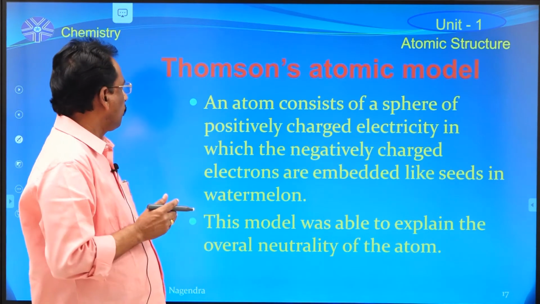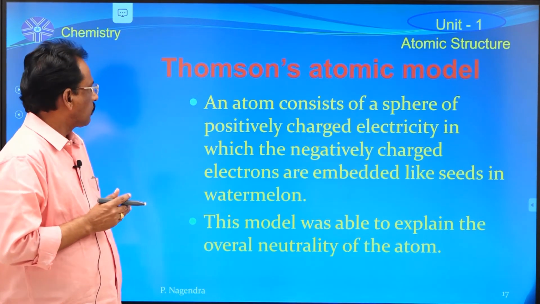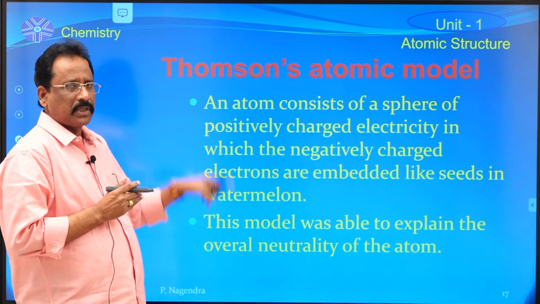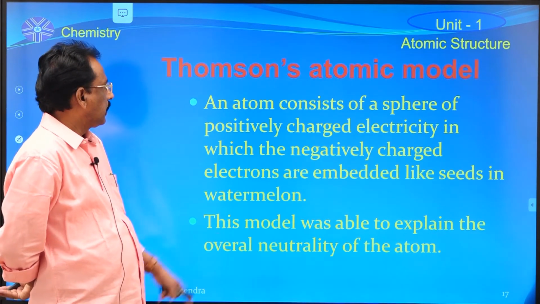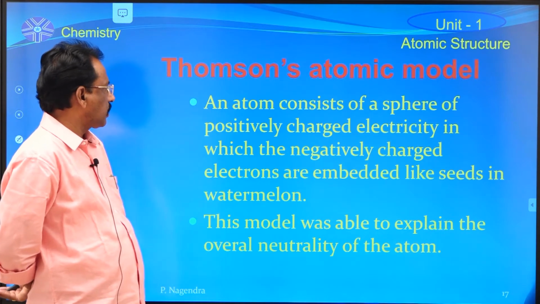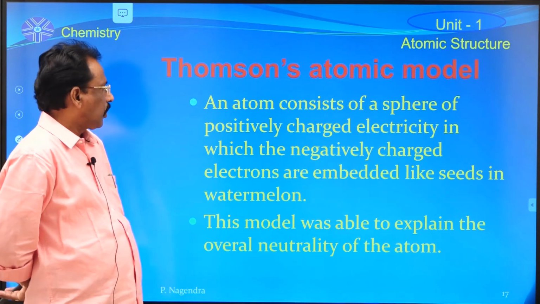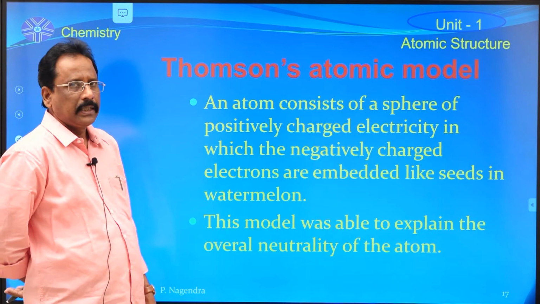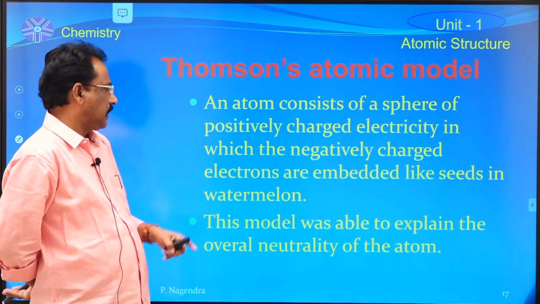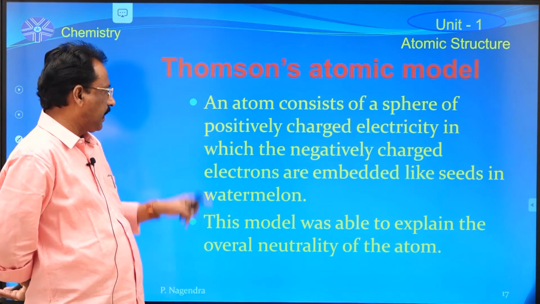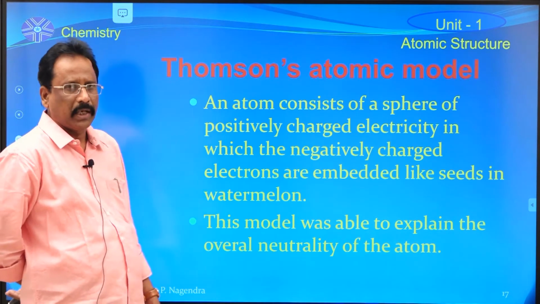Among them, the first atomic model was proposed by J.J. Thomson. According to him, an atom consists of a sphere of positively charged electricity in which the negatively charged electrons are embedded like seeds in a watermelon.